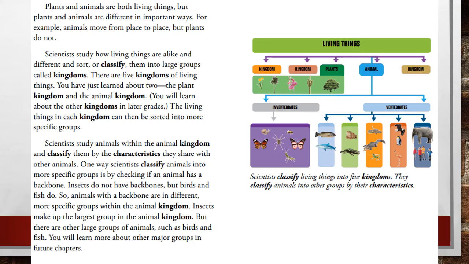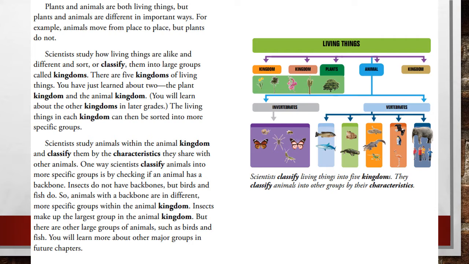Plants and animals are both living things, but plants and animals are different in important ways. For example, animals move from place to place, but plants do not. Scientists study how living things are alike and different and sort or classify them into large groups called kingdoms. There are 5 kingdoms of living things.